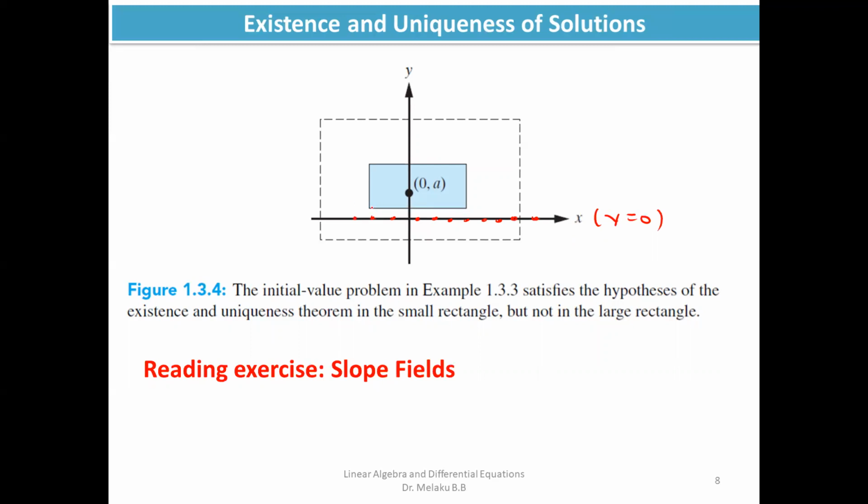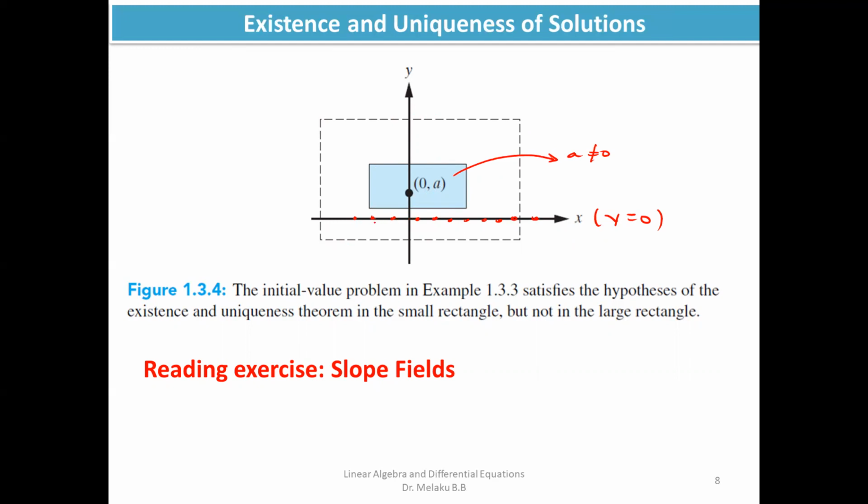And the other is a big rectangle. As you see here, in the small rectangle, a is different from 0. But if we consider the big rectangle, it could contain the point a equal to 0.